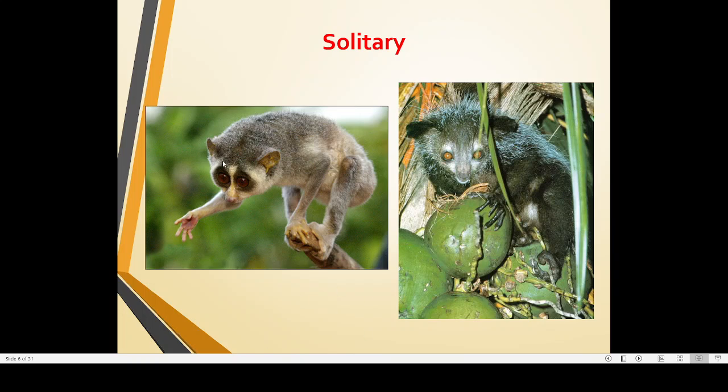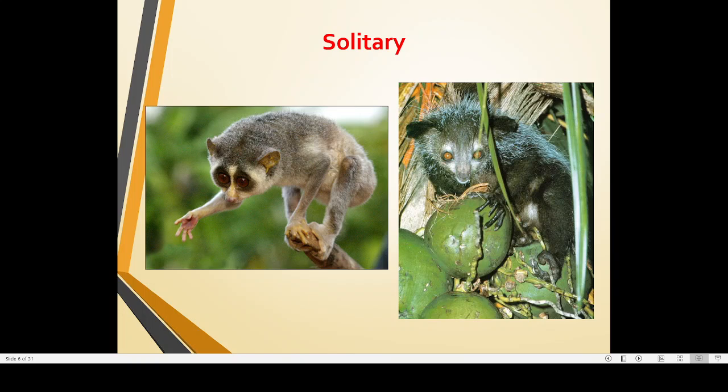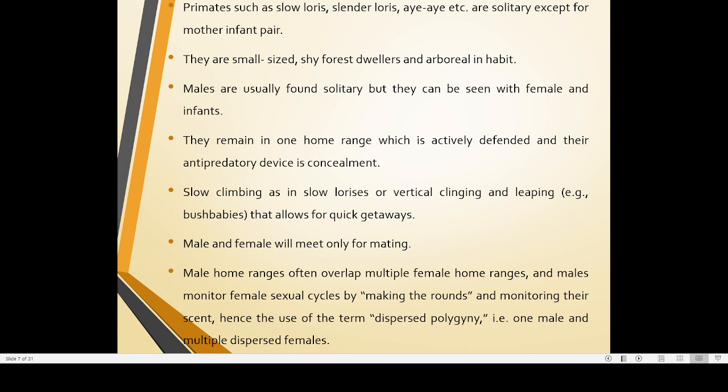One is the slender loris, and the other is the aye-aye. The name of the monkey is aye-aye. Here I will show the spelling. And these two animals are exhibiting a type of social nature known as solitary. That is, there is no group formation, there is no pair formation. Each animal will be living alone.